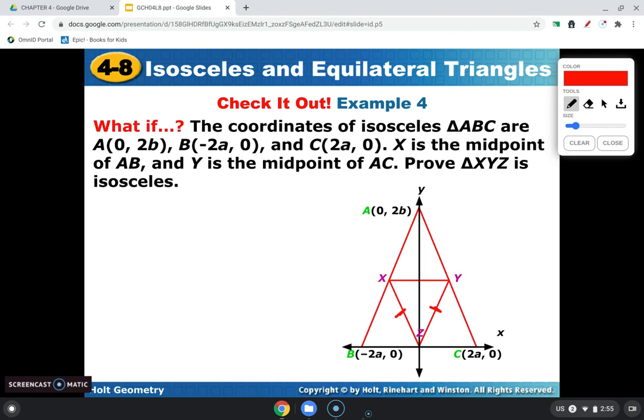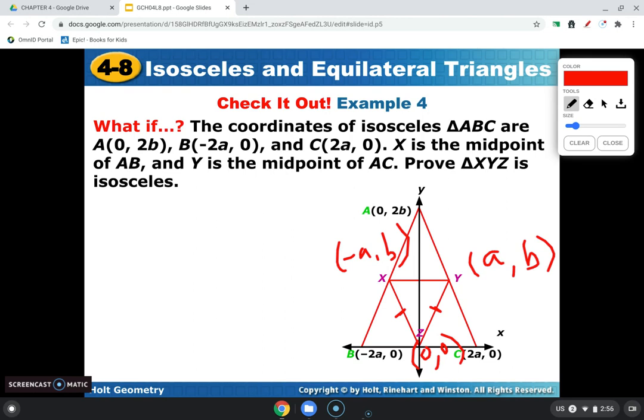To do that, we need to find our midpoints here. Well, 2a plus 0 is 2a divided by 2 is a. 0 plus 2b divided by 2 is b. Negative 2a plus 0 divided by 2 is negative a. And 0 plus 2b is 2b divided by 2 is b. So we know that that's 0, 0 there.